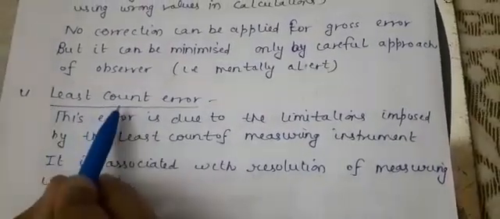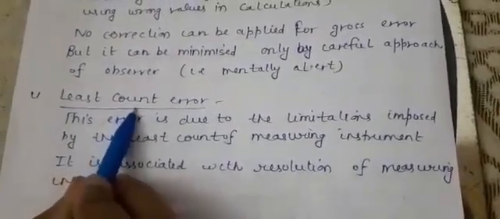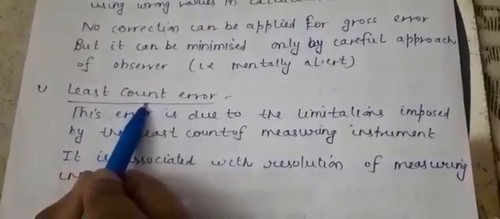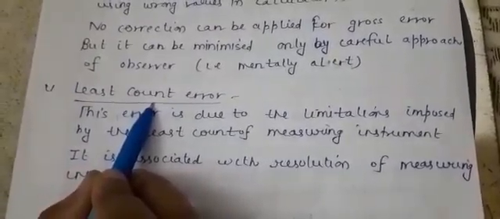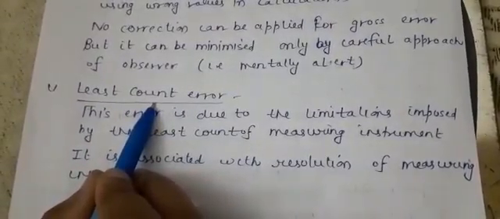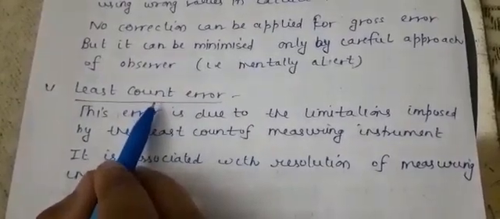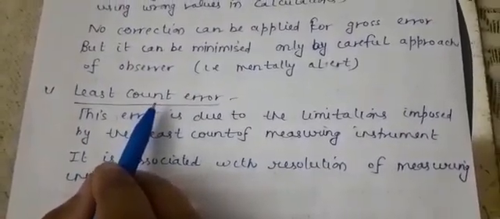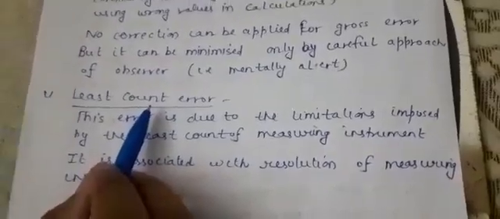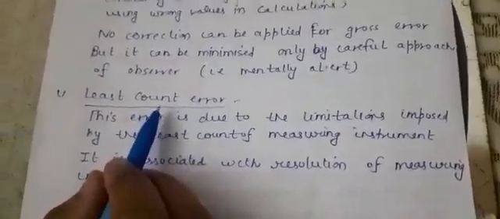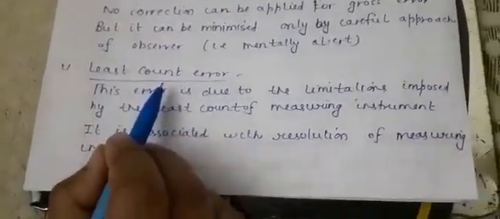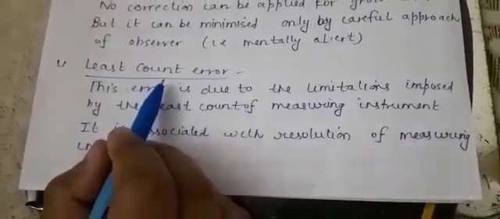So least count is the smallest measurement which we can do with the help of any measuring instrument. For example, if we have to find the least count of the scale you use in your geometry box, judge it. It is 1 millimeter or 0.1 centimeter. So this is the least count of the scale.